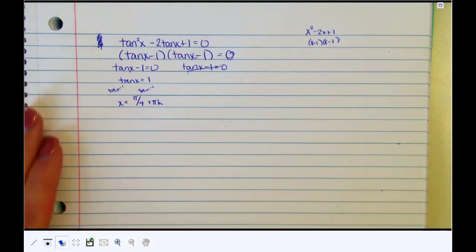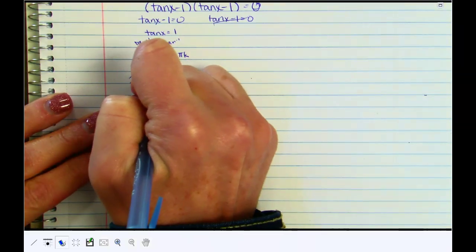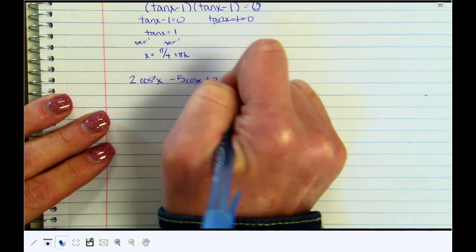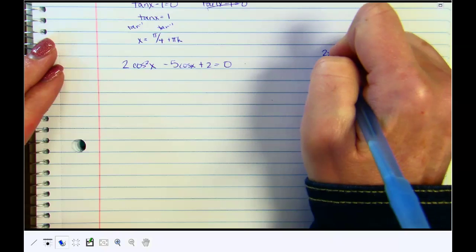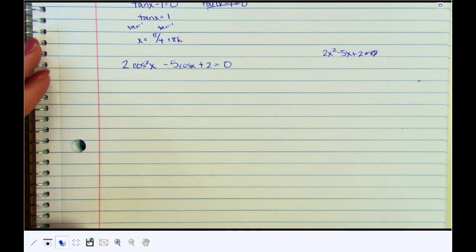Okay, let's do 2 cosine squared x minus 5 cosine x plus 2 equals 0. You can do this however you want. To my brain, I don't like to see this. It's too much, so I go over here and factor the quadratic.